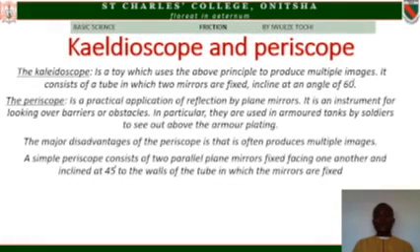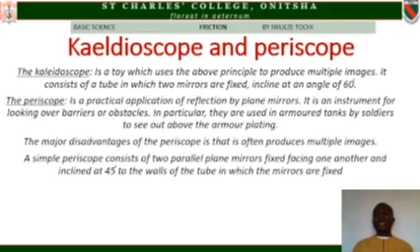Kaleidoscope or periscope. The kaleidoscope is a toy which uses the above principle to produce multiple images. It consists of a tube in which two mirrors are fixed, inclined at an angle of 60 degrees.